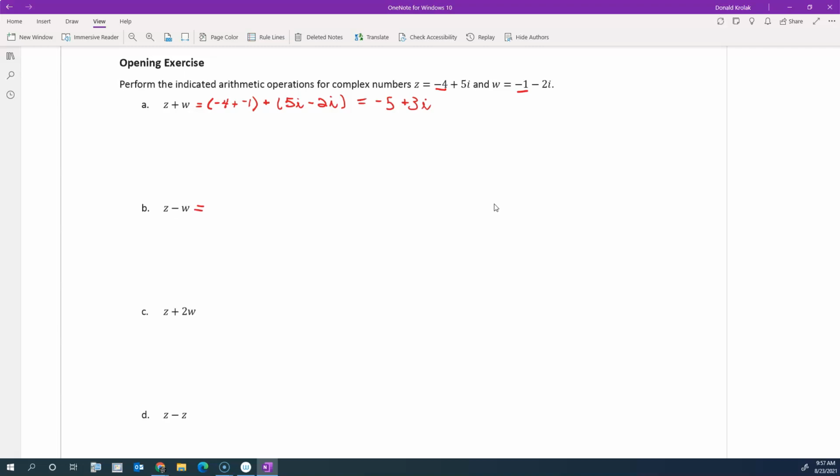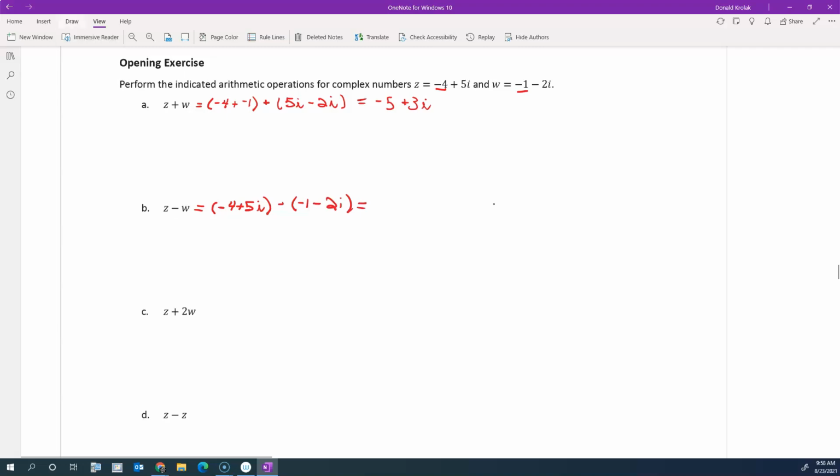Now if I'm subtracting, I can write that as the addition of the opposite. So if I was writing out my two complex numbers here, that's 5i, and when I subtract, I'm really just adding the opposite. So this is -1 plus 2i, minus 2i, and this is all your assignment was.